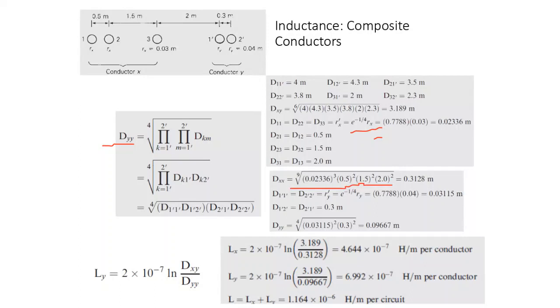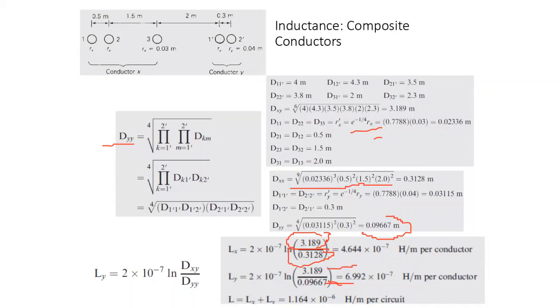Okay, and again, the result you see now, after you calculate this, is LX. So this will be DXY. You will have 0.3 DXY. This is DXX, the last, this one, DXX. DYY or 0.9, which is this one, and DXY is 3.189.